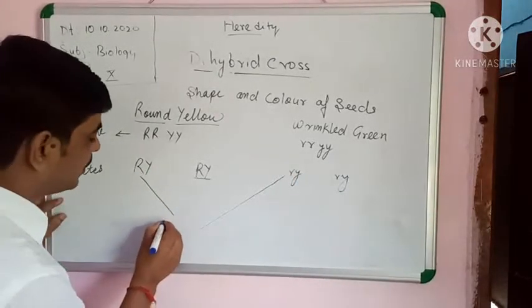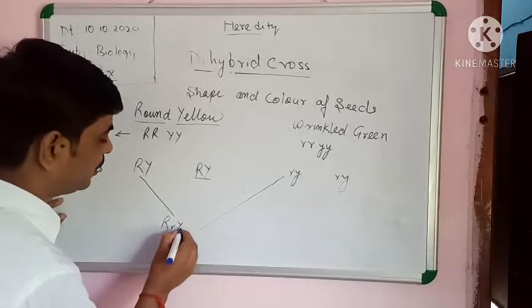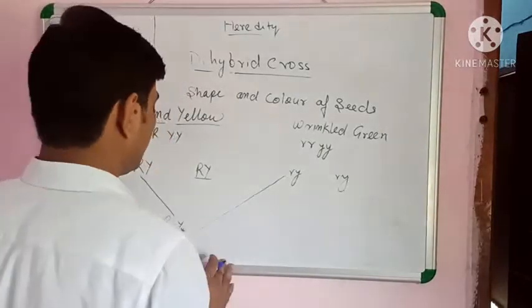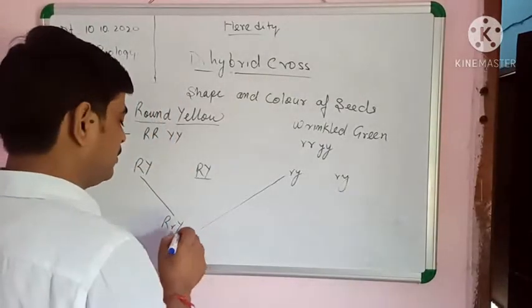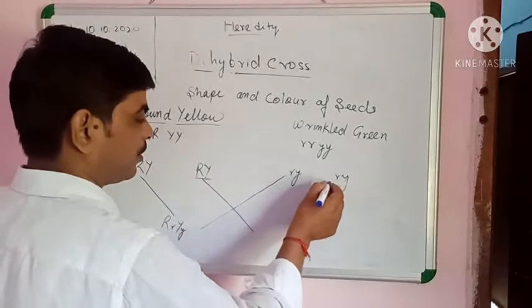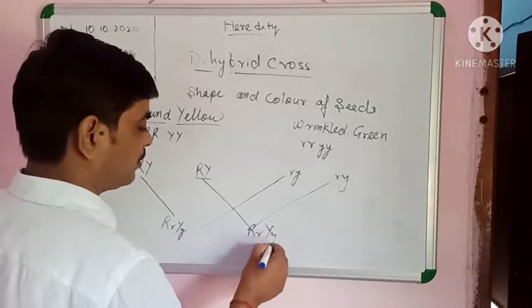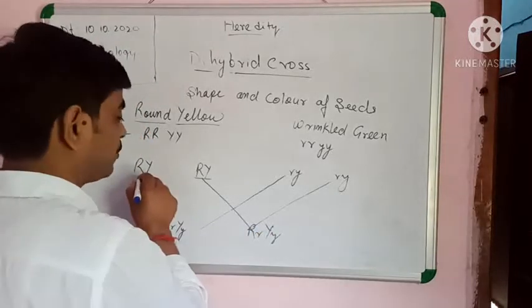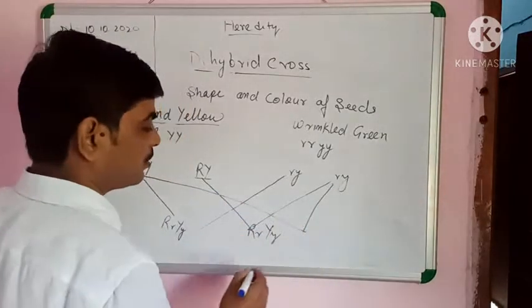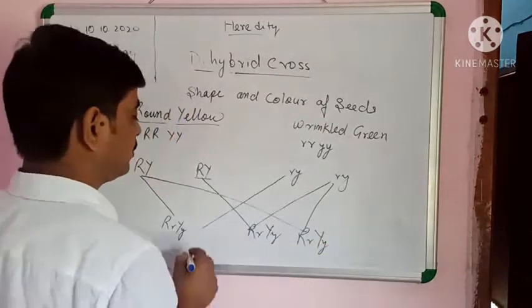So then what will happen? R, Y. Similarly, all will be here. This from this, similar result, RrYy. This one crossed with this, RrYy.